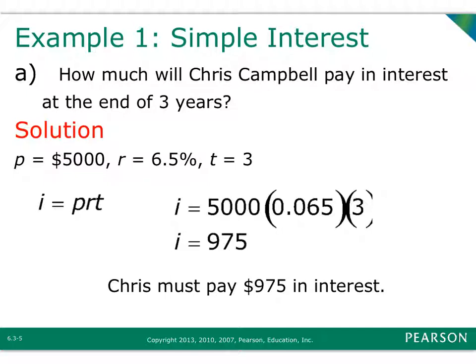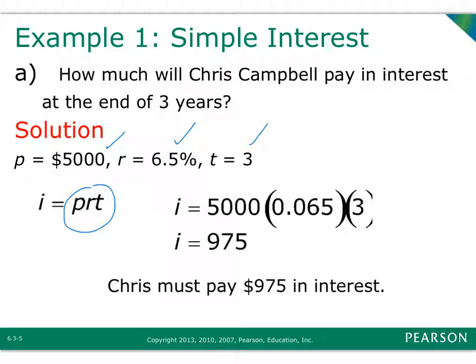So in part A, we ask how much will Chris Campbell pay in interest at the end of 3 years? Our solution is as follows. When we read the problem, we found that the principal is equal to $5,000. The rate of interest, annualized, is 6.5%, and the time period in which the interest is accumulated is 3 years. So we have the formula I is equal to PRT, and we plug in the values for the variables to evaluate.